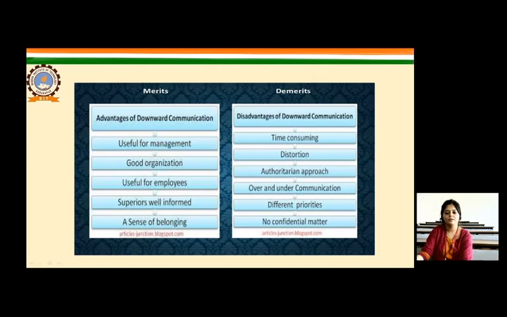Then different priorities. The angle they have regarding how they see the information priority, or how this information needs to be explained, differs. Suppose the top management thinks, okay, I have given the keywords, now the middle managers can do the rest of the part.